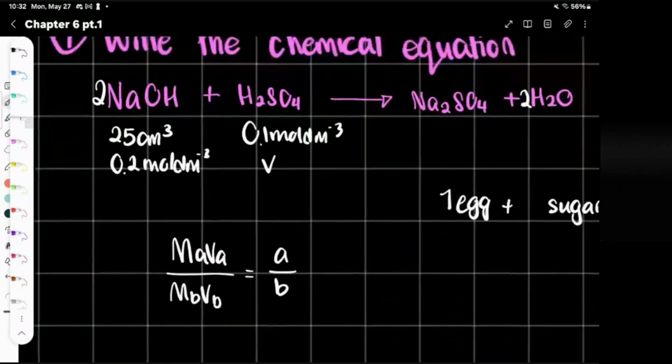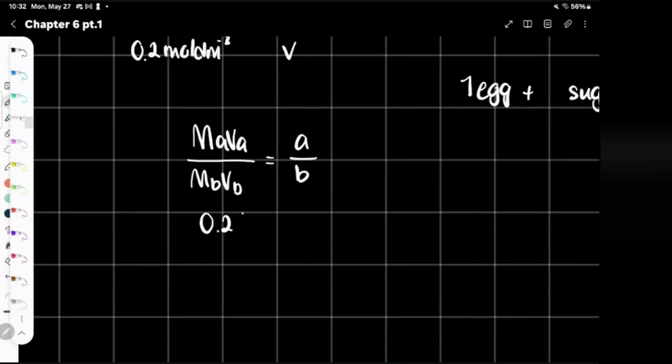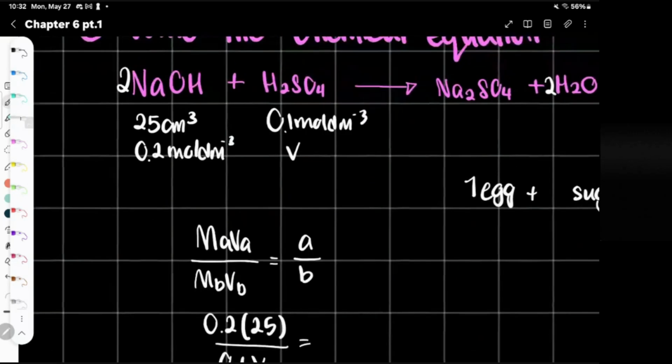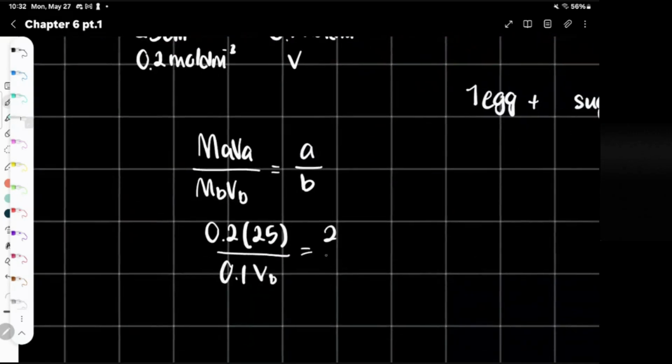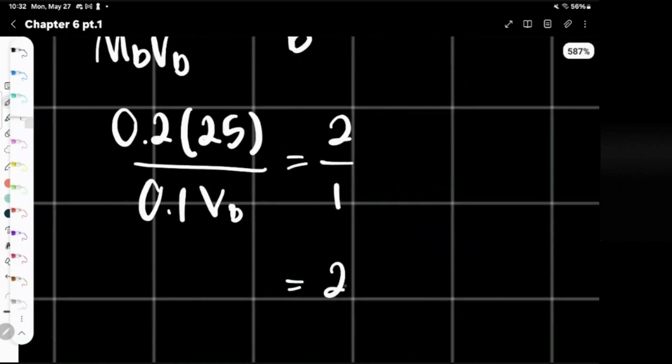So molarity for A should be 0.2 and then 25 over 0.1 and then V. We want to find VB, equal to A is what? 2 over 1. Okay, now we can just solve this like normal. So this should be 2.